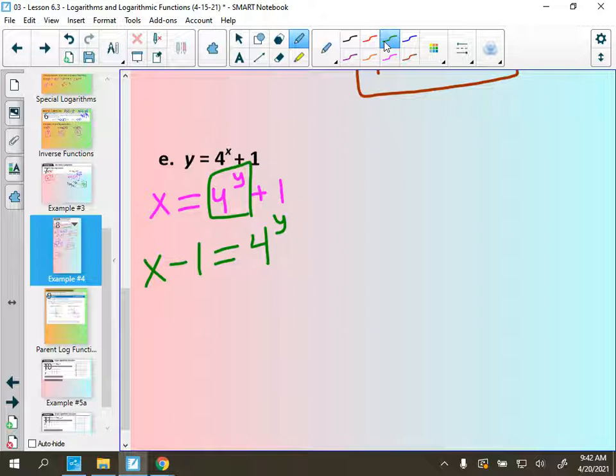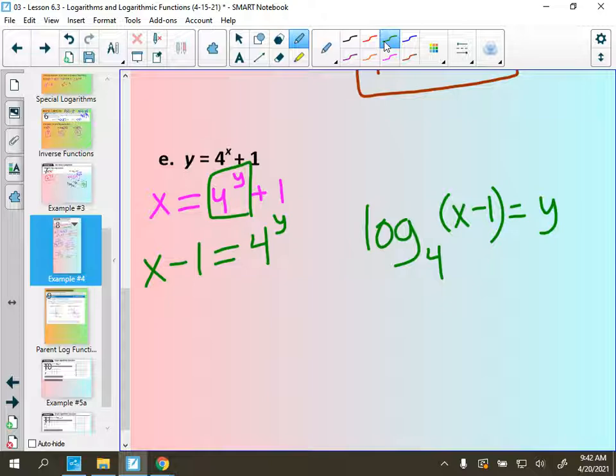So that's almost like a half step in between steps 1 and 2: get the power by itself if necessary. I've already switched my x and my y around. Now change your forms, going left to right. Log base 4, here's that crossover thing, 4 to the y power equals whatever is on the other side of the equation, x minus 1.